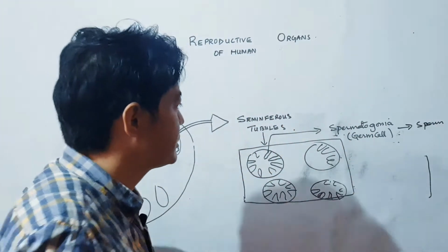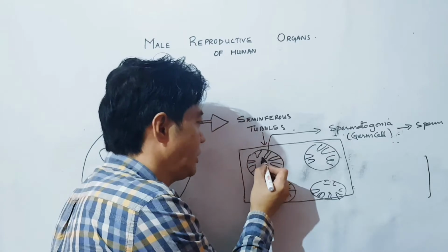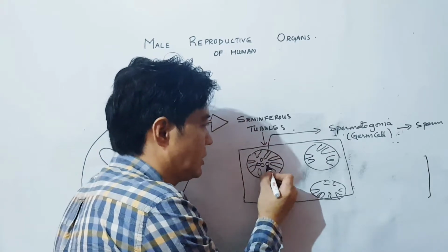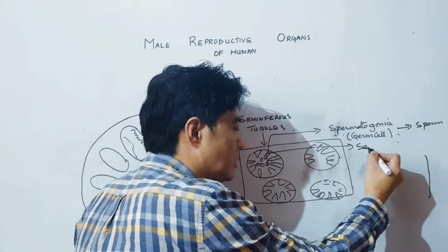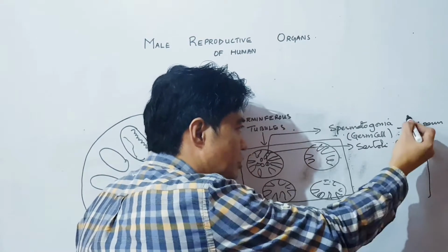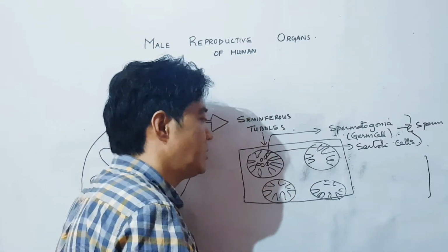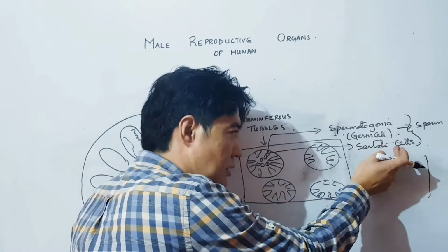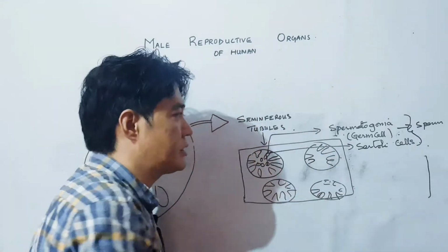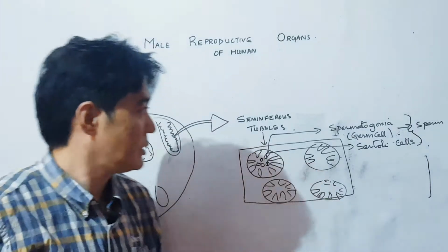And within the seminiferous tubules, you will find another type of supporting or nurse cells. These are Sertoli cells. These two cells, germ cells and the supporting or nurse cells, comprise the seminiferous tubules of the testis, which is the major part of the testis.